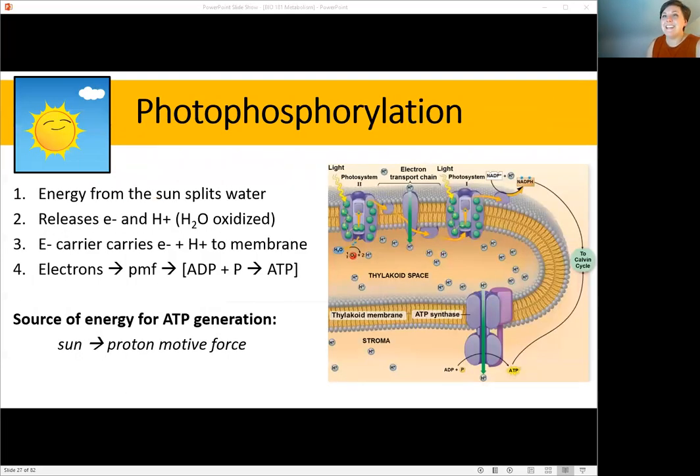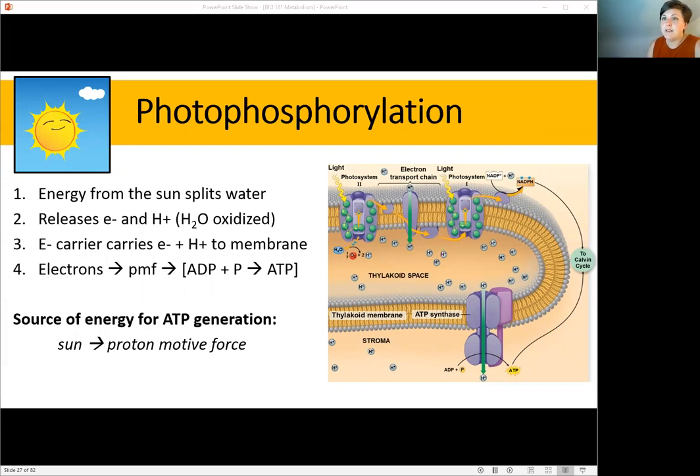Finally, we can make ATP using energy from the sun. This is called photophosphorylation. This process is actually quite similar to oxidative phosphorylation, but instead of an enzyme oxidizing an organic compound, light energy is used to oxidize a water molecule.